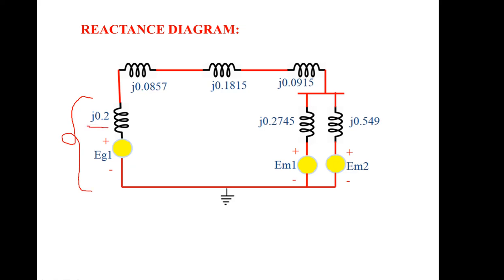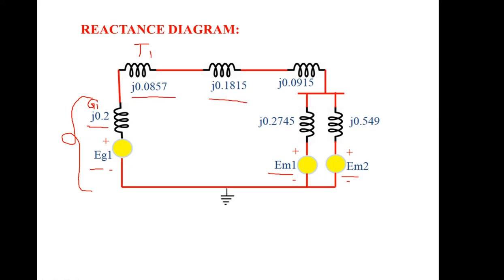This is the generator with 20 percent, so 0.2, and this is the transformer with 0.0857.